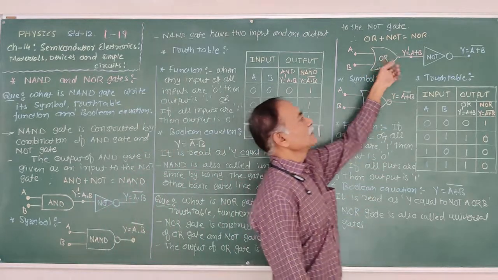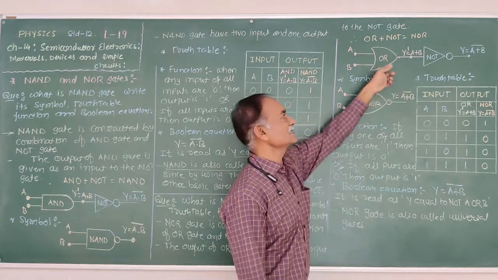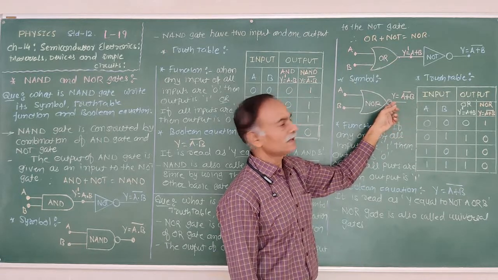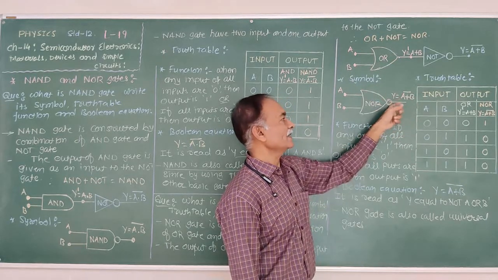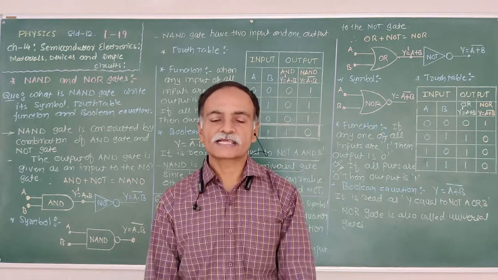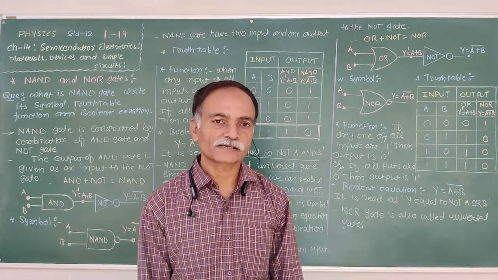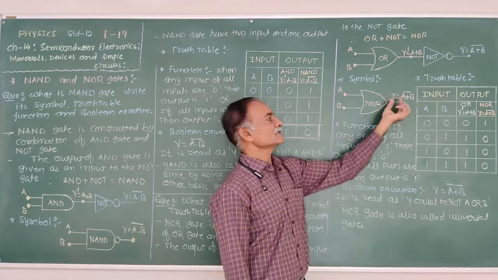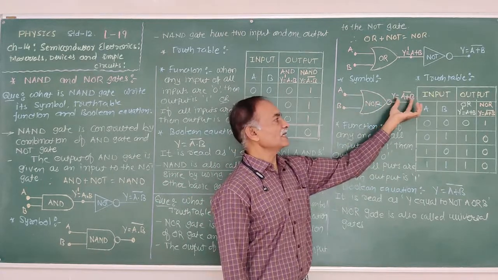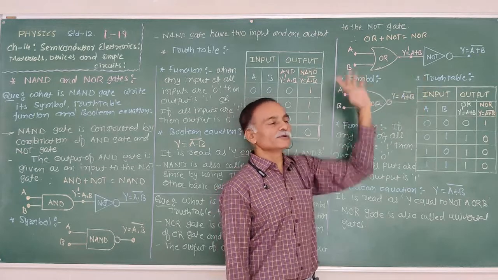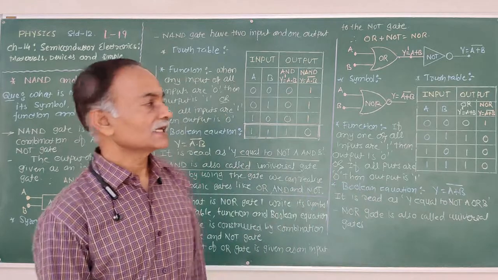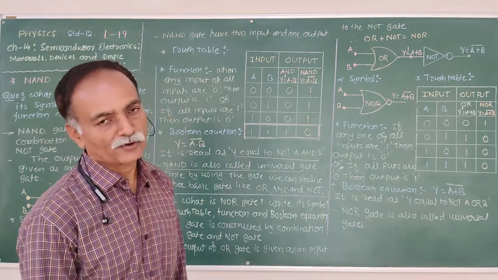Now the symbol of a NOR gate is the OR gate with a bubble. Here is the symbol of the OR gate, and the addition is the bubble. That represents the symbol of the NOR gate, with inputs a and b. The output of the OR gate is y = a plus b, but due to the NOT gate, it is (a plus b) bar. That is the Boolean equation for the NOR gate.